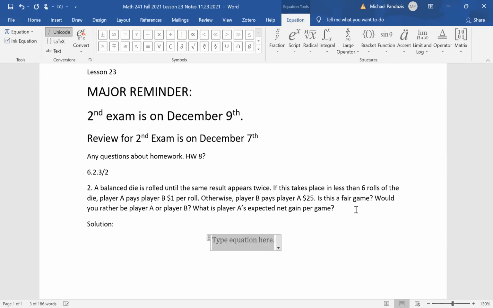In less than 6 rolls, so at most 5 rolls, you want a number to appear twice. The first time you roll it, you get any number.